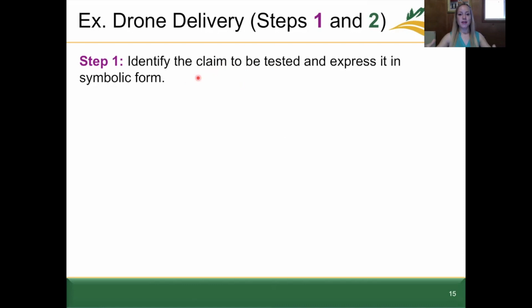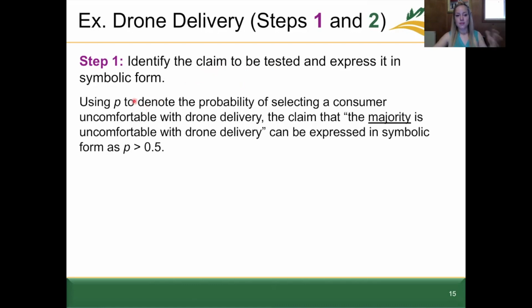Remembering what we talked about for the definition of majority, we're going to use P to denote the probability of selecting a consumer uncomfortable with drone delivery. So the majority is uncomfortable with drone delivery can be expressed as P is greater than 0.5. The probability of selecting a consumer that is uncomfortable with drone delivery is greater than 0.5.